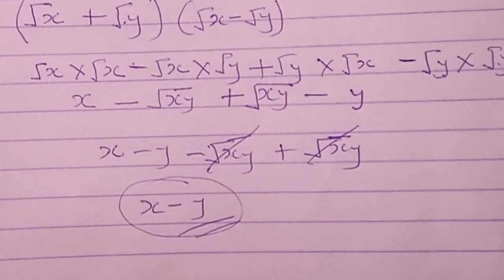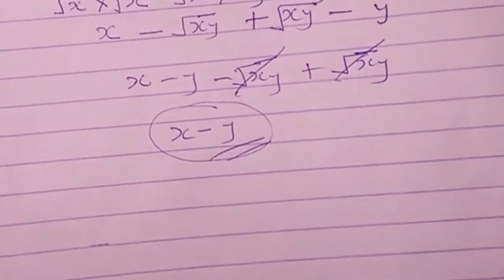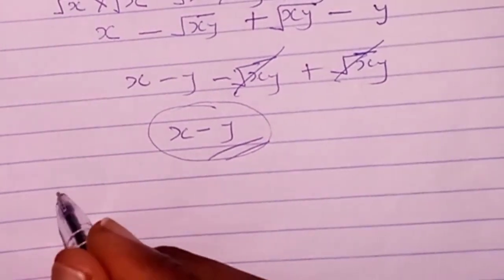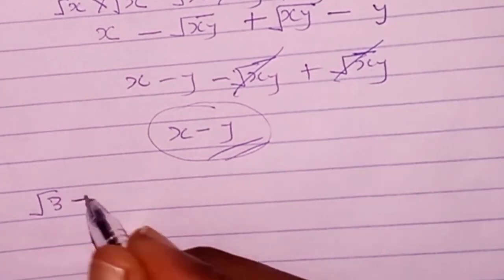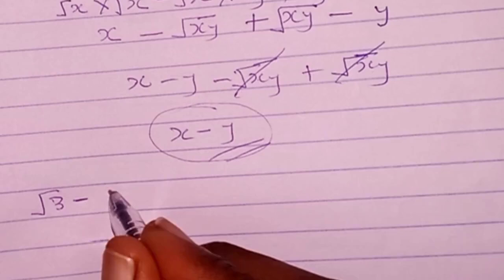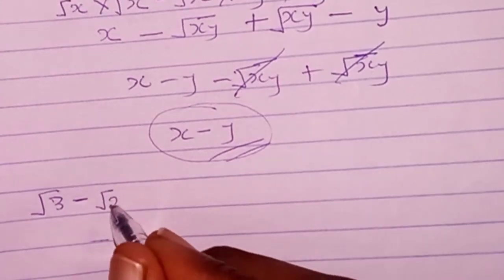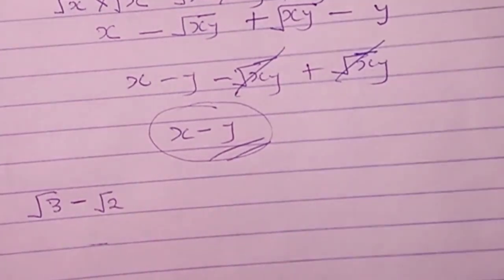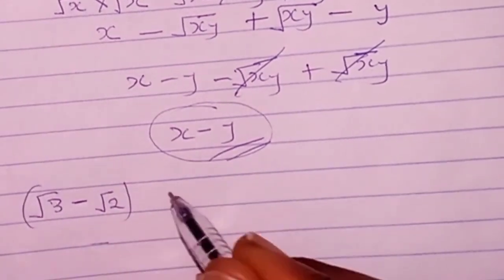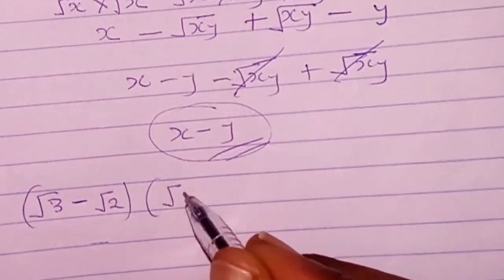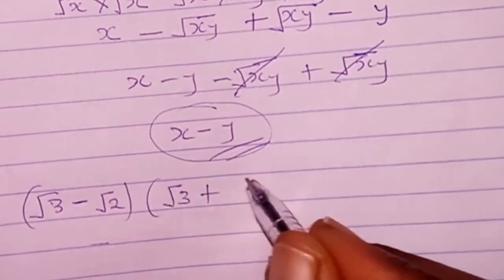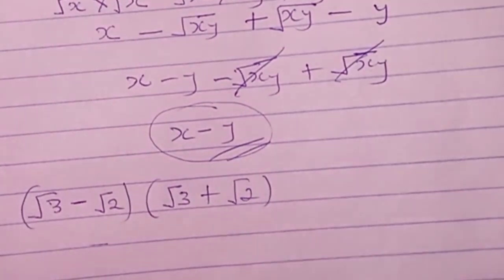Now let's use a typical number. Let's say you have root 3 minus, let's say, root 2, multiplied by root 3 plus root 2.